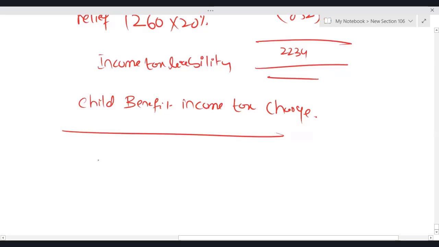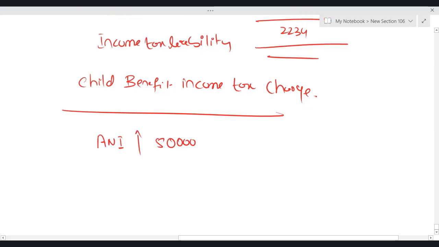If any one of them is having adjusted net income more than 50,000 pounds, in that case, child benefit charge will arise.